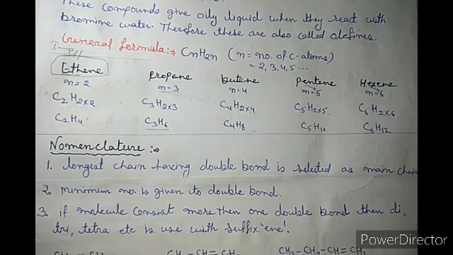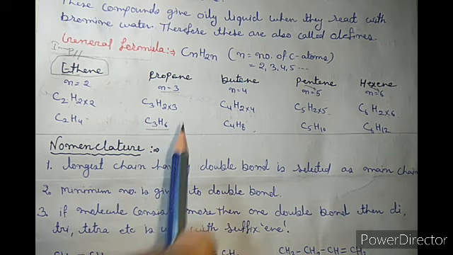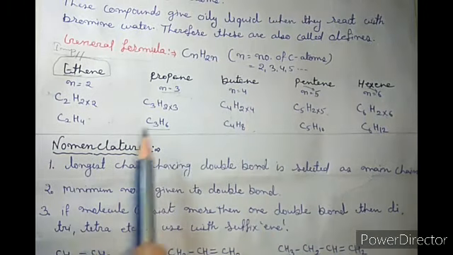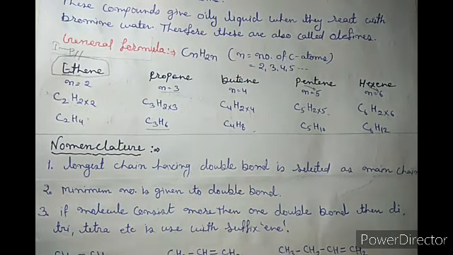Second is propene. Prop means 3, so n is 3. Putting 3 in the formula, it becomes C3H2 into 3, so C3H6.